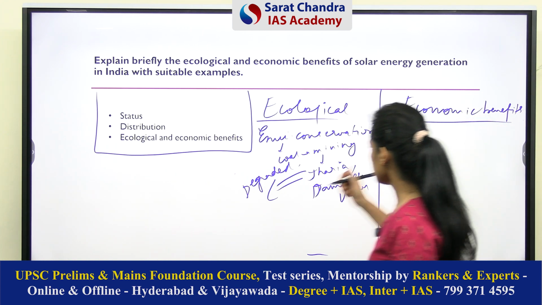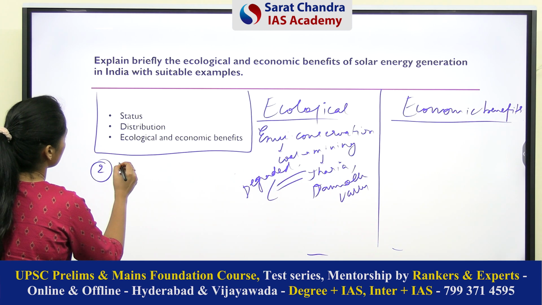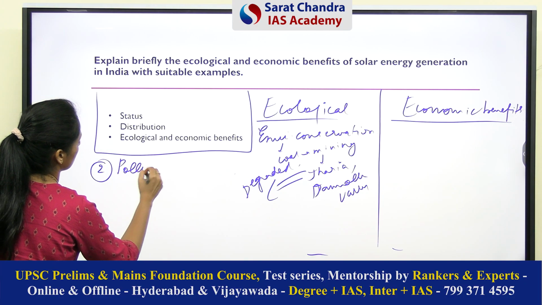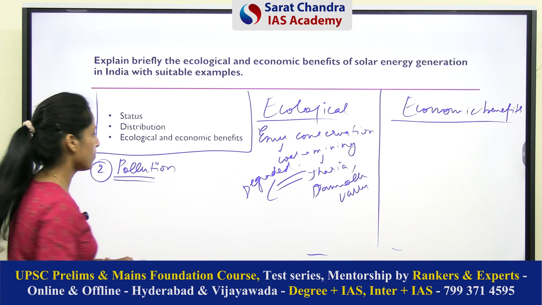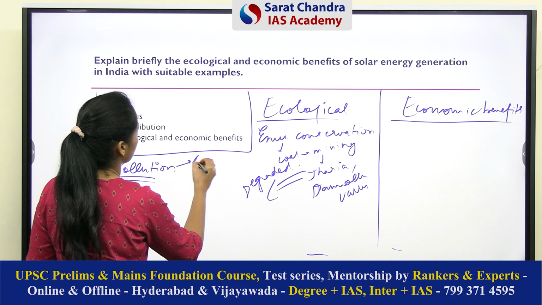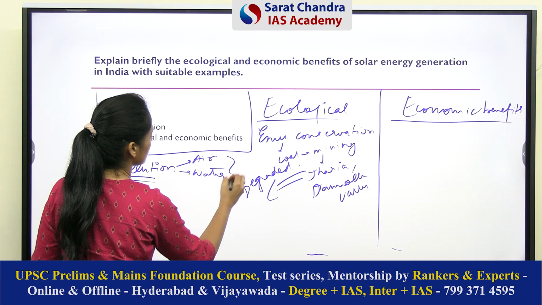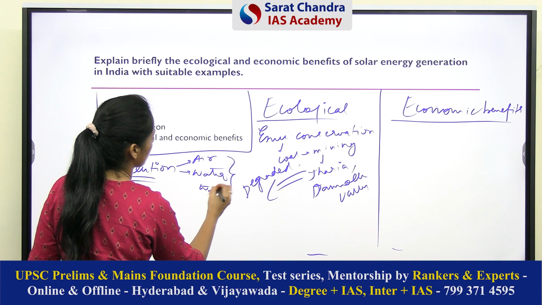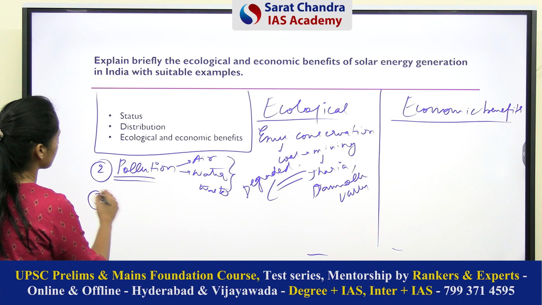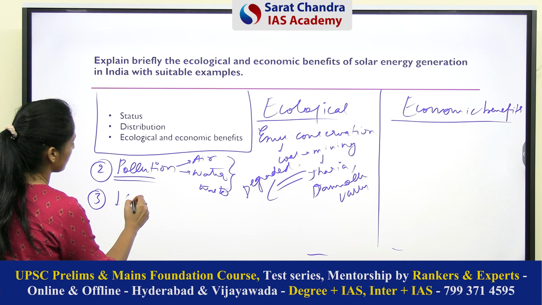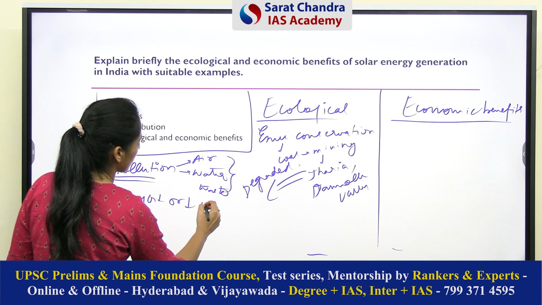Okay. The second ecological benefit which we can talk about is the reduction in pollution. Because thermal power plants can lead to air pollution, and they can lead to water pollution because of the waste generated from the thermal power plants. Okay. The third thing we can say is reduction in greenhouse gases or reduction in carbon footprint.